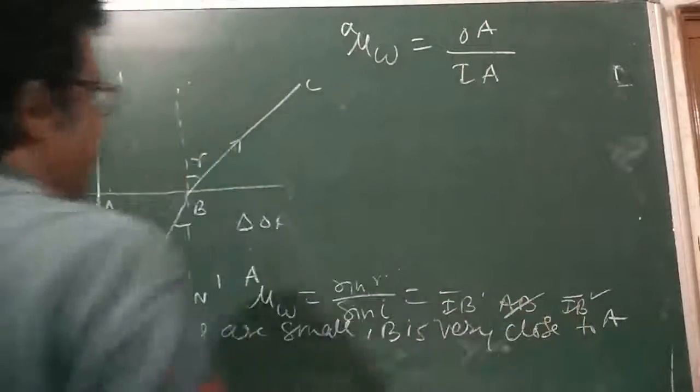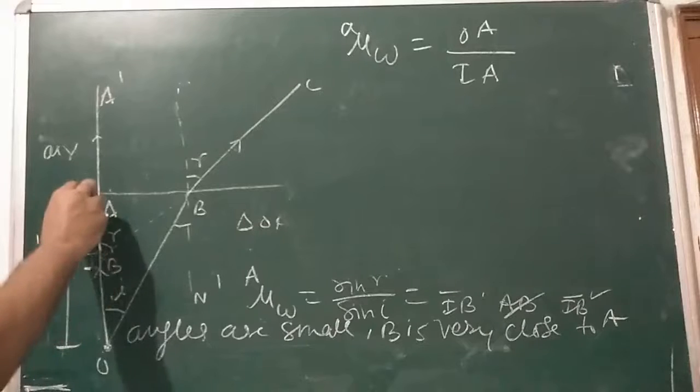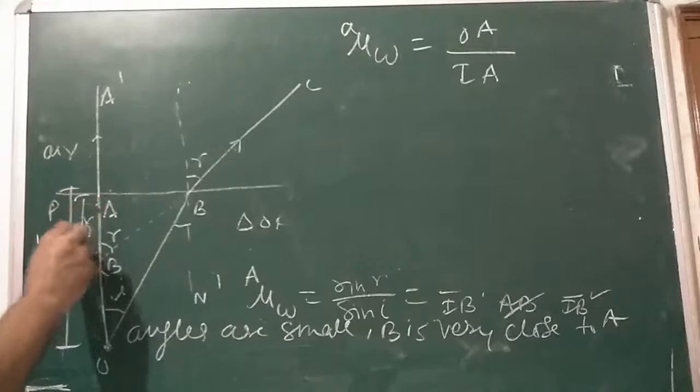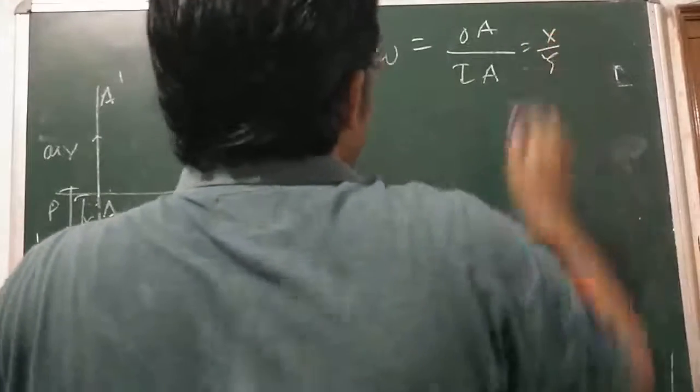Replace B by A. OA is the actual depth, say it is X. IA is the apparent depth, say it is Y. It comes out to be X upon Y.